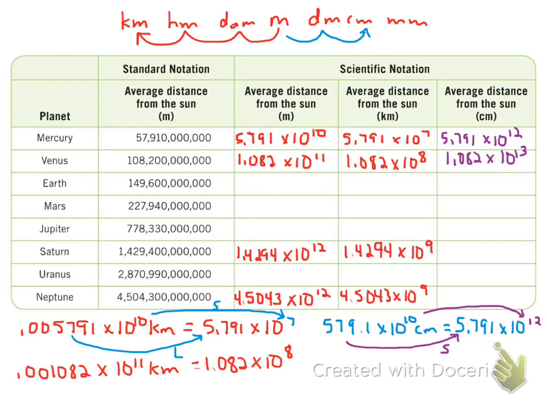If we skip down to Saturn, the decimal part stays the same, 1.4294 times 10 to the 14th power.